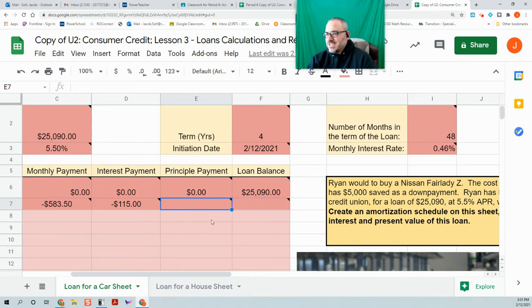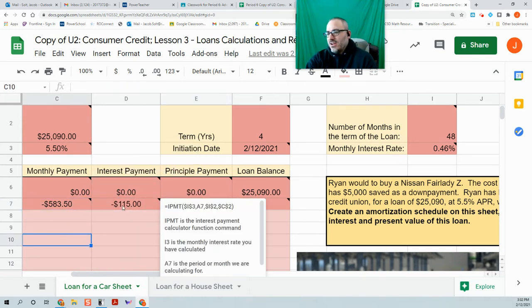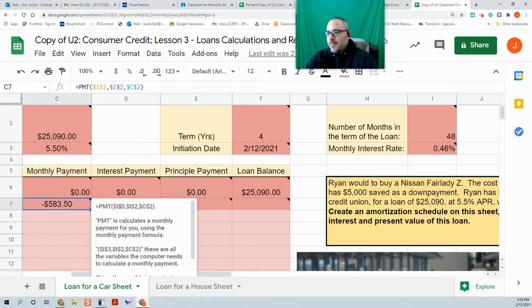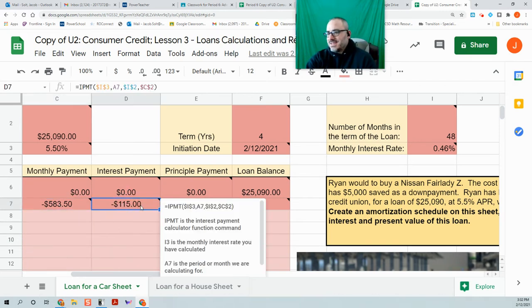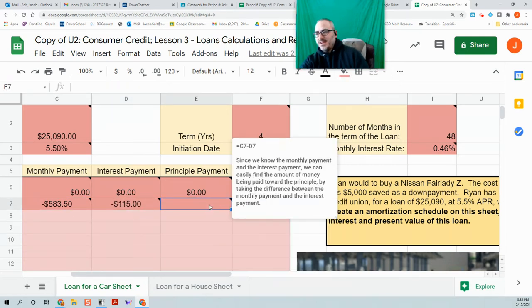Now there might be a special command that will calculate the principal on this, but I really don't need a special command, do I? If I know that the monthly payment is $583, and I know that the interest is $115, then the monthly payment minus the interest, the difference between these two numbers, is going to be the principal that's paid each month, right?